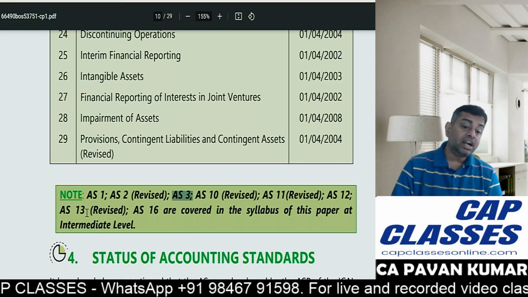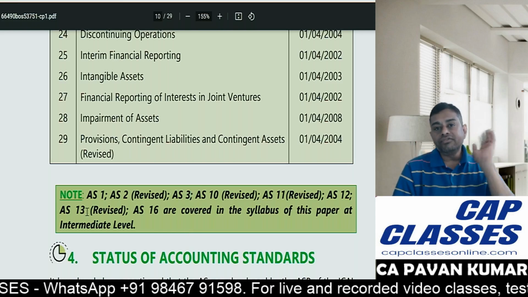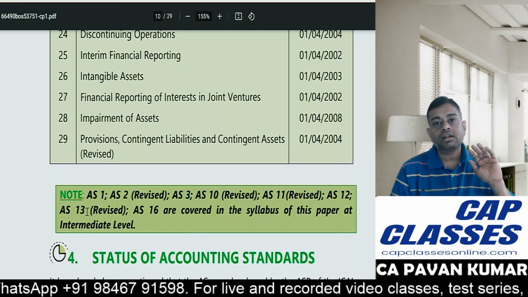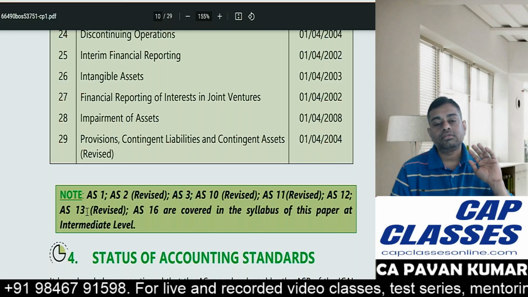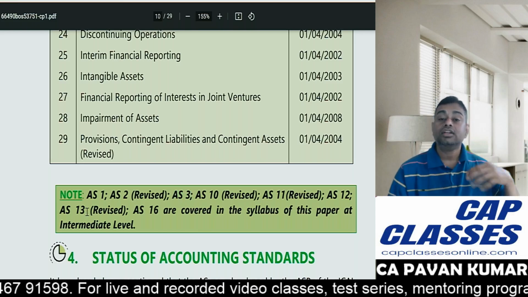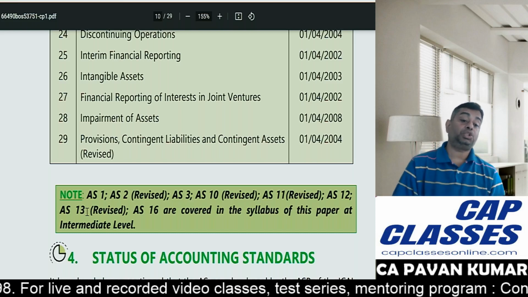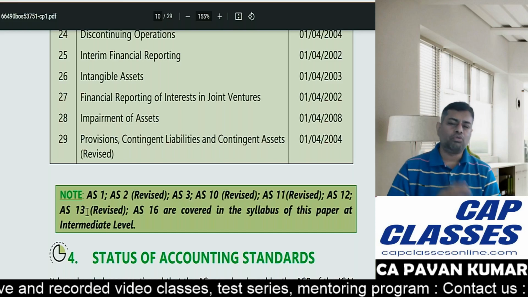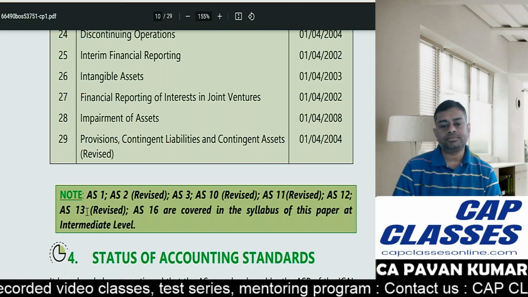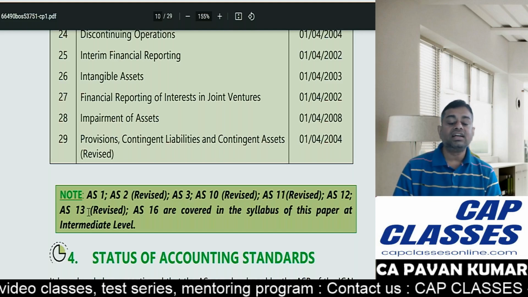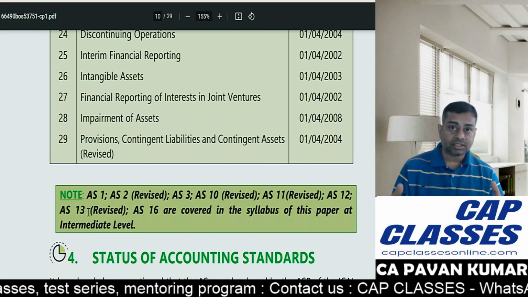Accounting standard 13 was important maybe 250 years ago when I was studying CA Inter. Exaggerating. But we'll do it only for marks. So AS 3 and AS 13 are two separate chapters.